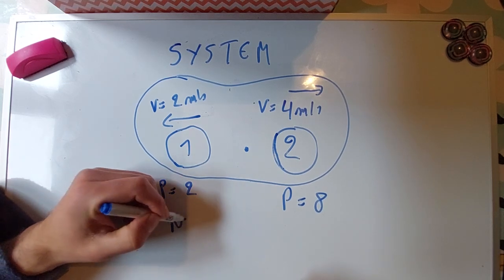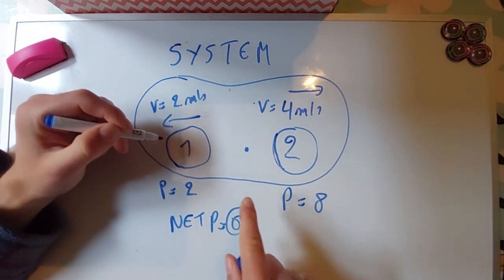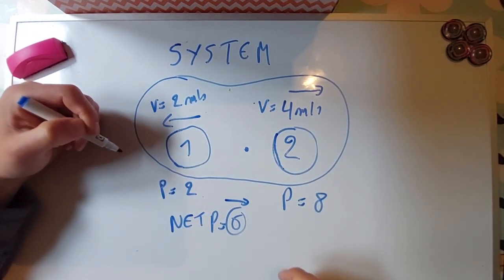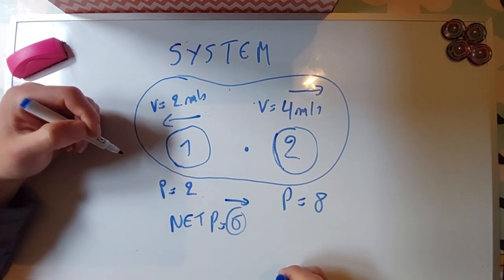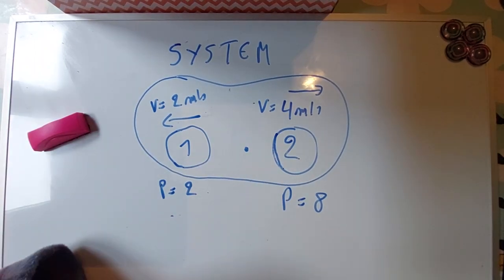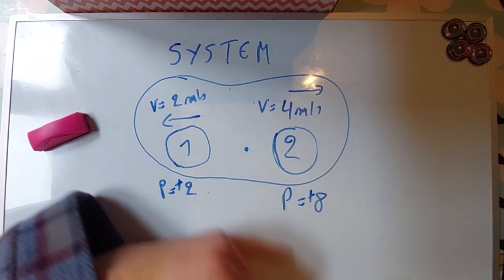Well, logically it would be 6. It would be going to the east with momentum of 6. And that would mean that momentum is not conserved. However, you will say no. Positive 8 plus positive 2 equals 10. Momentum is conserved.